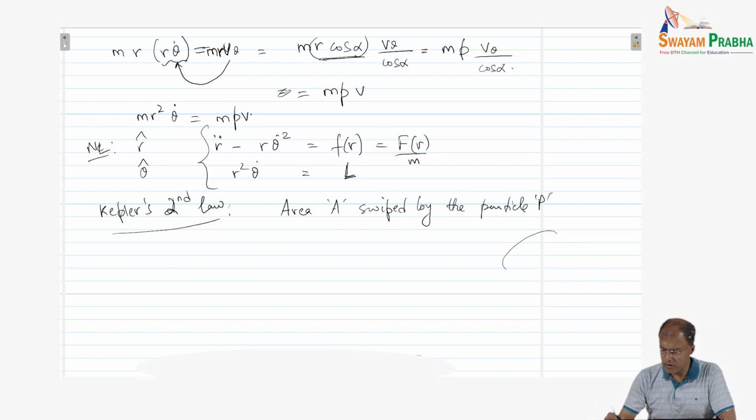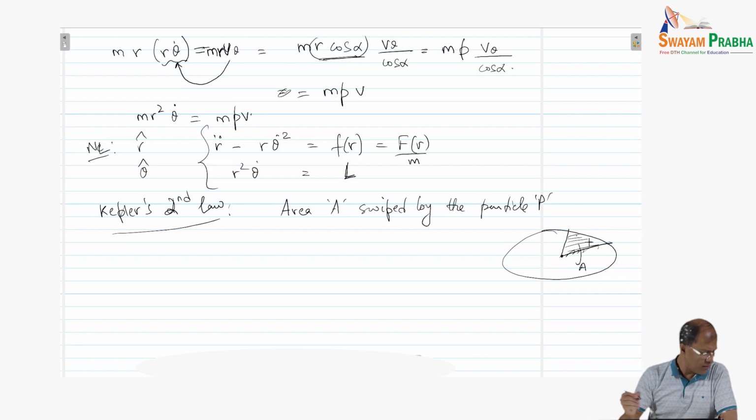Let me draw the ellipse. Let me call this the initial line, and the area A is the following.